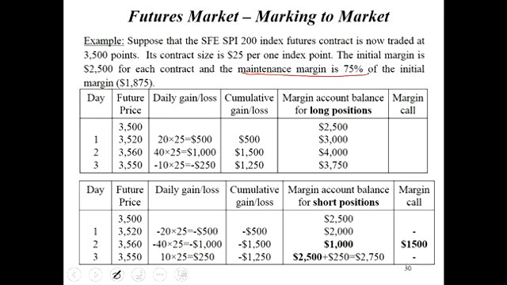Anyway, there is one more line in there. If it went back down here, there would be a small loss on the long position, and I've left one line out. So the margin call is here. What's happened now is this line has shifted over.